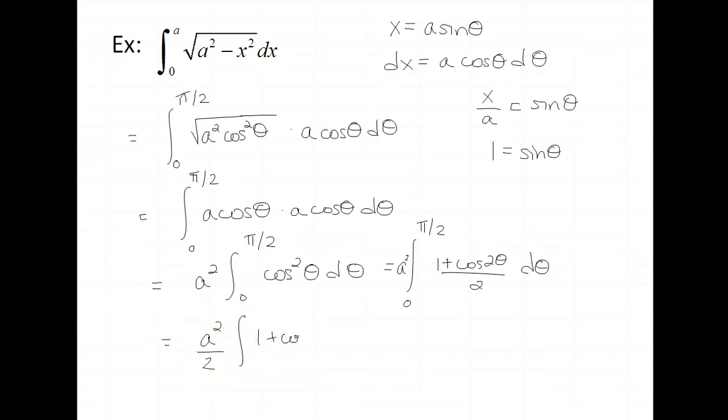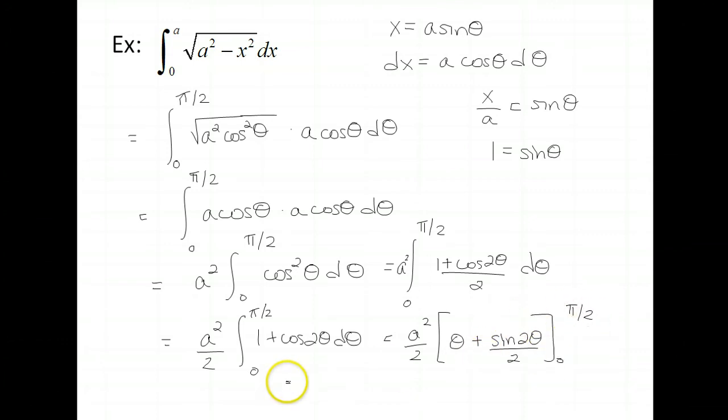Integral 1 plus cosine 2 theta d theta, going from 0 to pi over 2. And now let's do the antiderivative. So we've got theta plus sine 2 theta all over 2, going from 0 to pi over 2. Good, excellent.